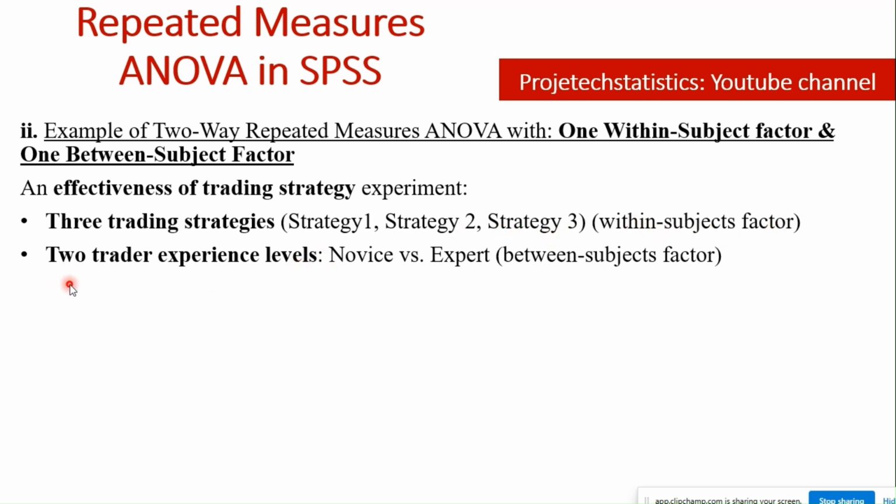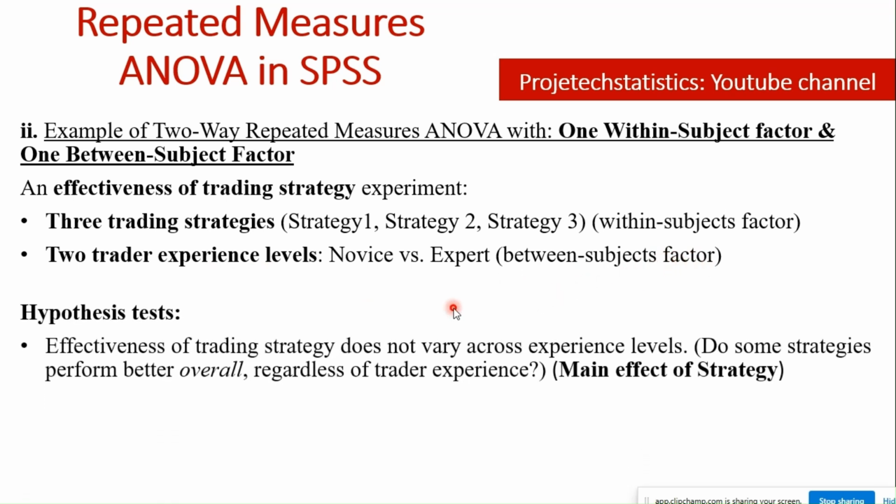And two trader experience levels, novice and expert. So you see that our subjects now, the traders involved in the experiment, are divided into two groups, novice and expert. So that is when a between subject factor can be considered.